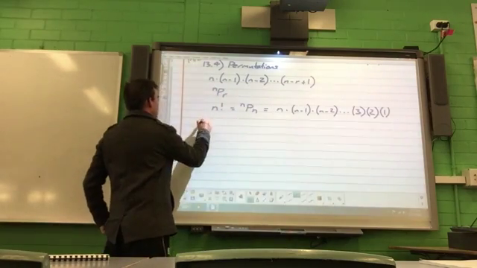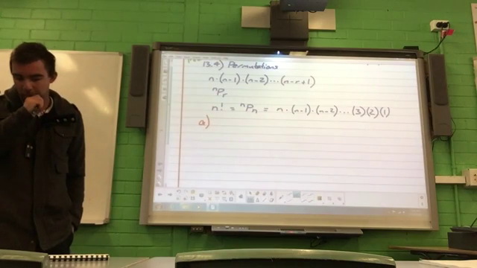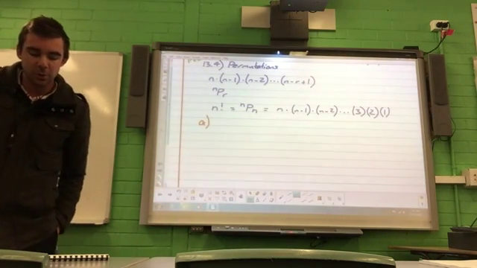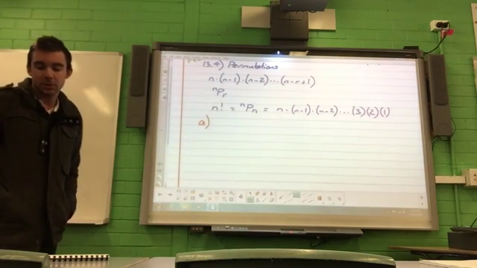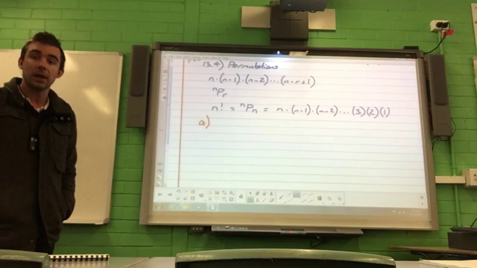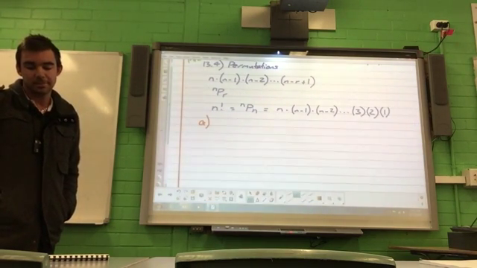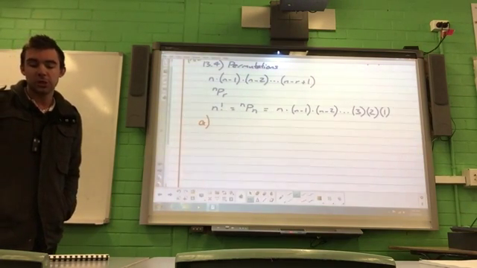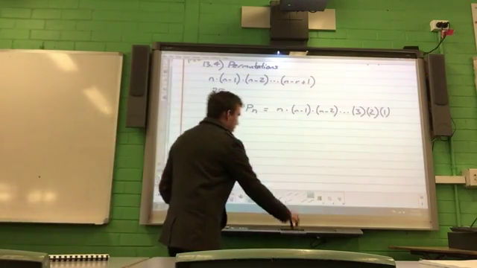Alright, let's look at some application of that. Right, example A. There are 4 cards numbered 1, 2, 3 and 4 placed in a box. A card is chosen, viewed and replaced. A second card is then selected and viewed. We need to find out how many possible 2-digit numbers, arrangements, there are.